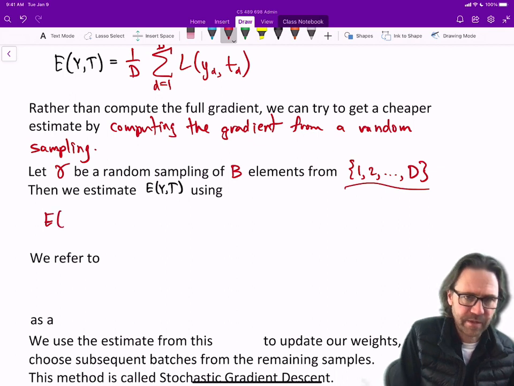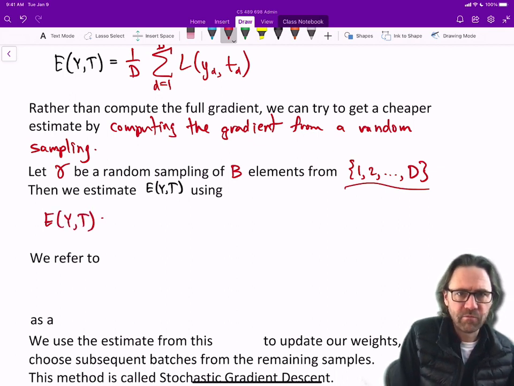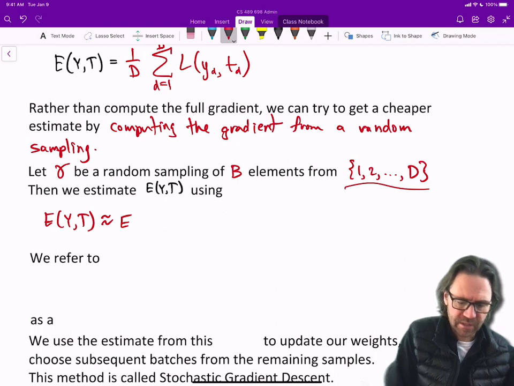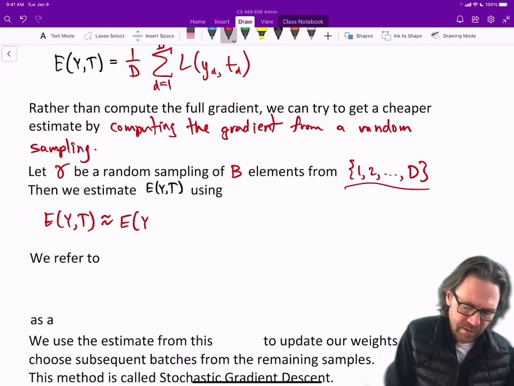I'll write that here. The expected loss between y and t will be approximately equal to the expected loss between y tilde, t tilde. I'm not very good at writing tildes.